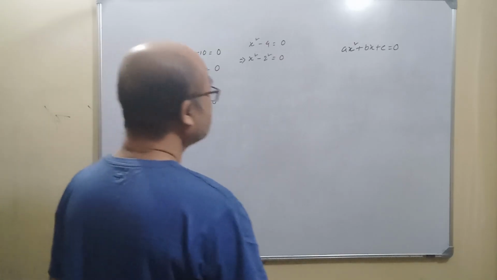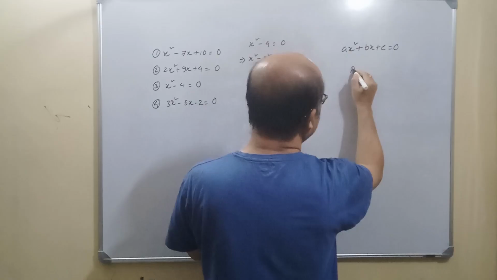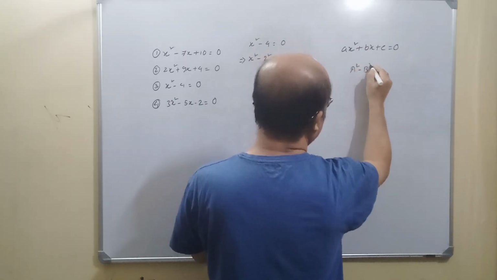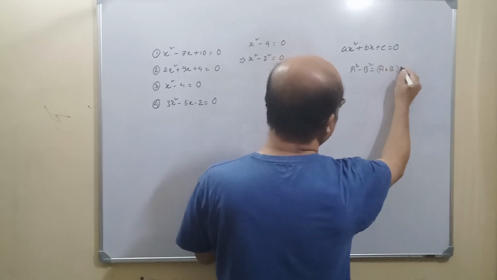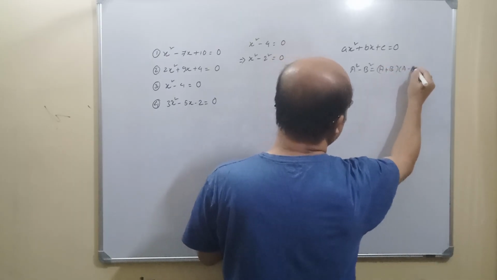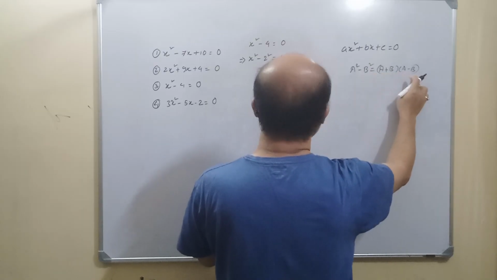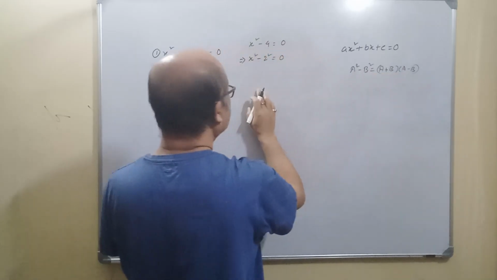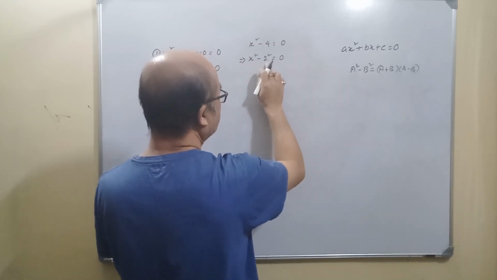This is a factorization formula: a square minus b square is a plus b into a minus b. So it is similar to this formula, a square minus b square.